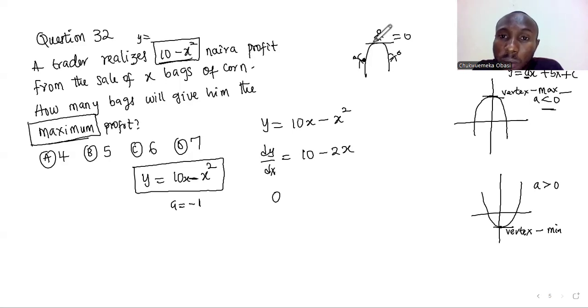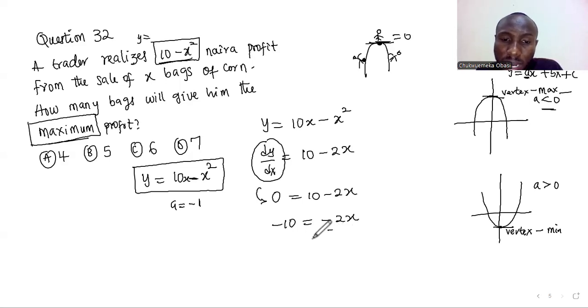So at the maximum point, the derivative there, or the slope there, is going to be 0, right? So all this, which is the derivative, is going to be 0. So we now have 0 is equal to 10 minus 2x. And if you collect like terms, you have minus 10 equal to minus 2x. And when you divide both sides by minus 2, you find that x is equal to 5. So the answer is going to be 5.